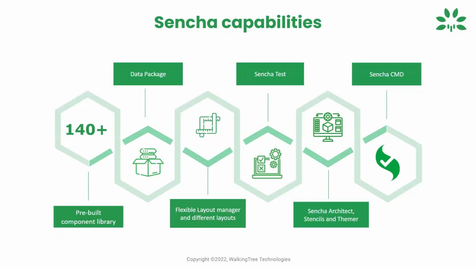The major highlights are around 140 plus pre-built components, which support most of the capabilities that any enterprise application would expect, and an extensive data package to manage the data within the browser, as well as fetching and pushing the data to the server.